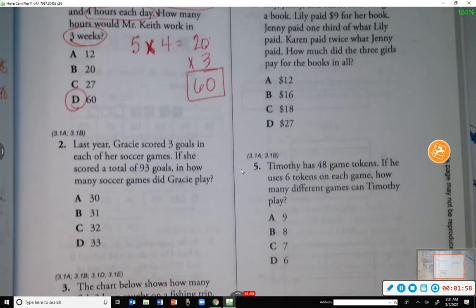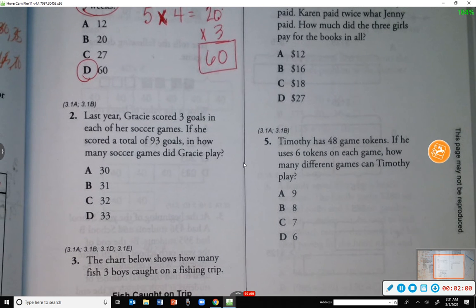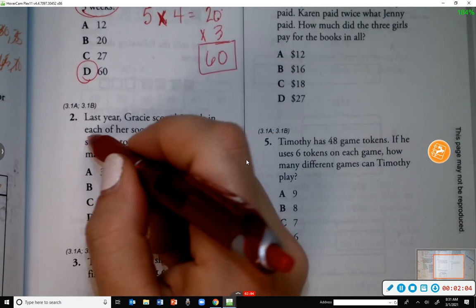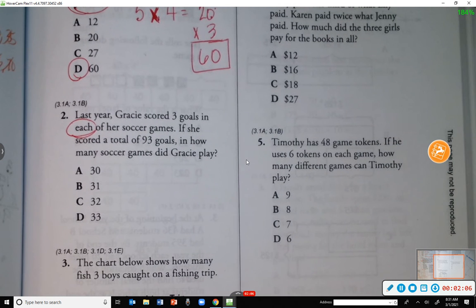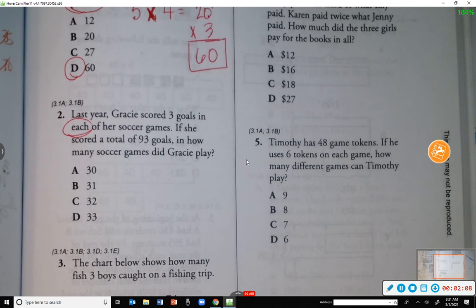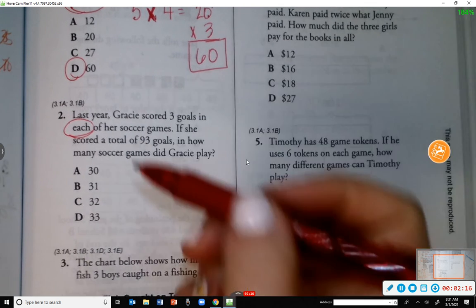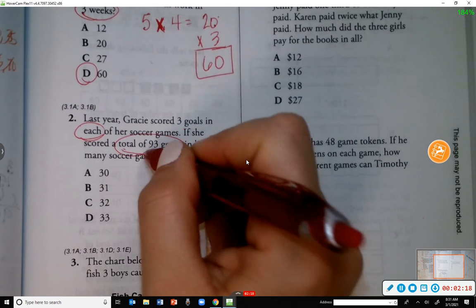Okay, number 2. Last year, Gracie scored 3 goals in each of her soccer games. We've been hearing that word a lot. If she scored a total of 93 goals, how many soccer games did Gracie play? Do we know the total? Yes. She scored a total of 93.